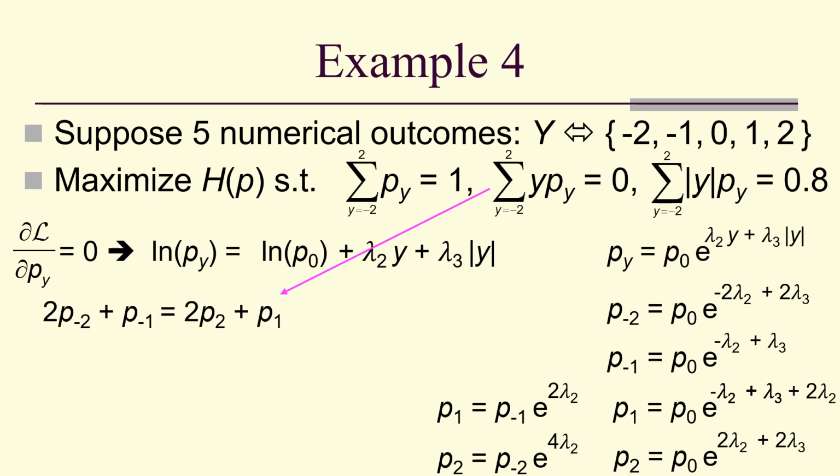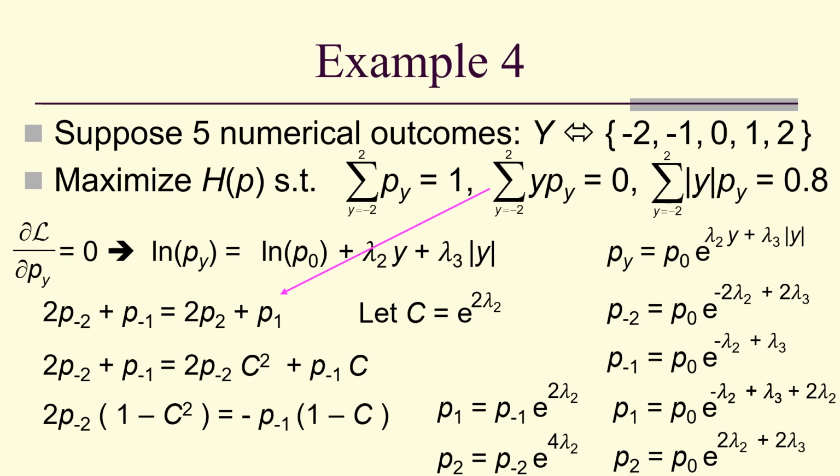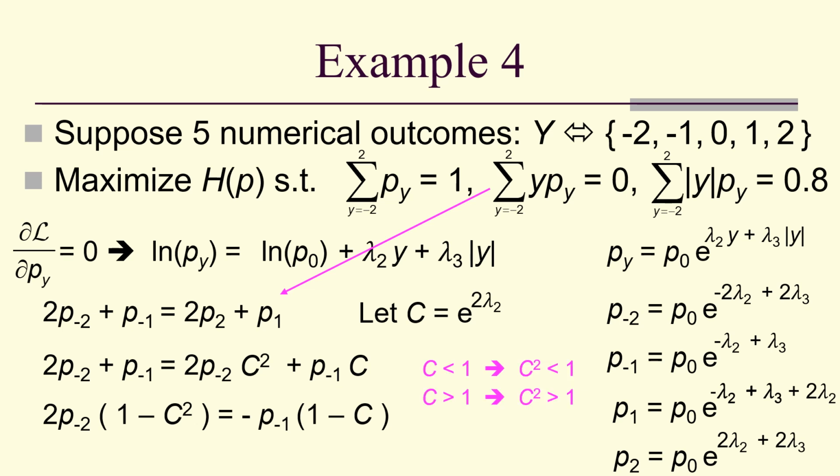So notice now we use our first constraint, our expected value constraint, and we substitute. We're going to say c is e to the 2 lambda 2, some constant, and that's going to give me p negative 2 times (1 minus c squared) is equal to negative p negative 1 times (1 minus c).